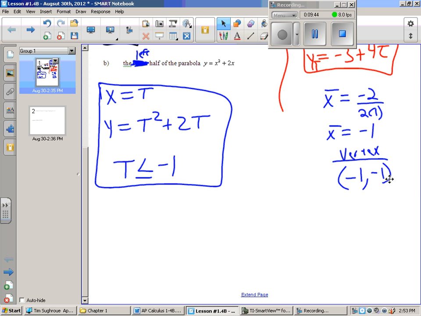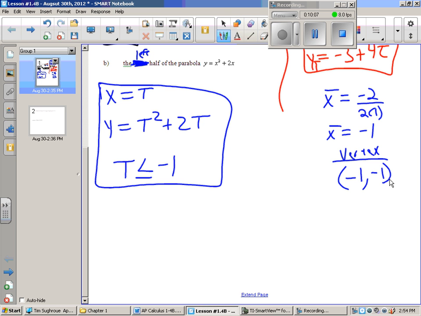Now, when you're done, you should always check to see if it works. So we'll plug it into the calculator and see if we really do get the left half of that parabola. I like the fact that we're looking at one of these when t is less than or equal to -1, because we really haven't seen one of these yet. It's going to have a terminal point, but not an initial point. This is the highest value.